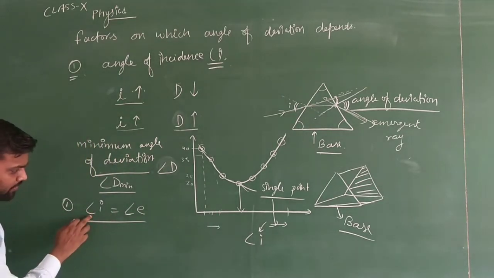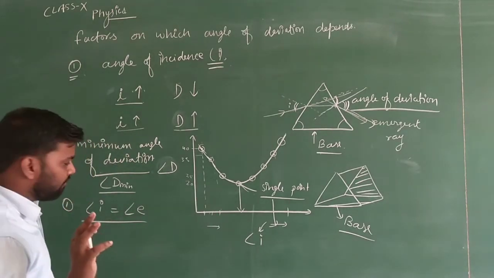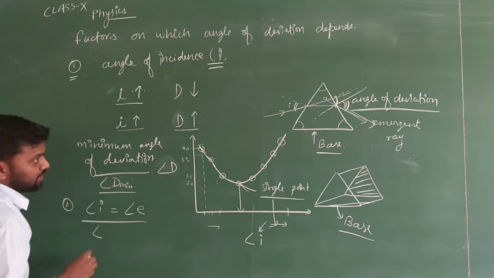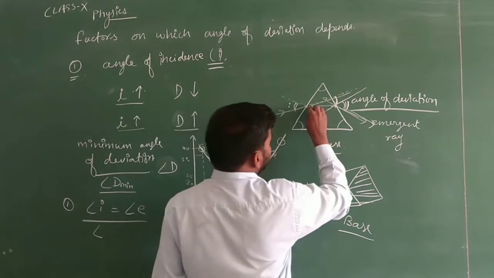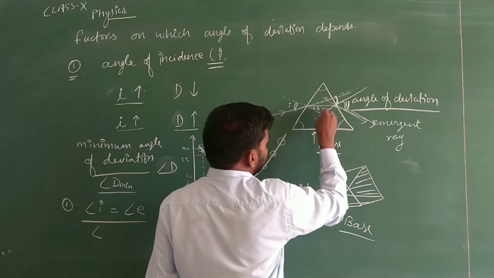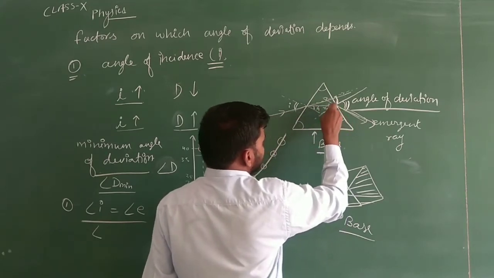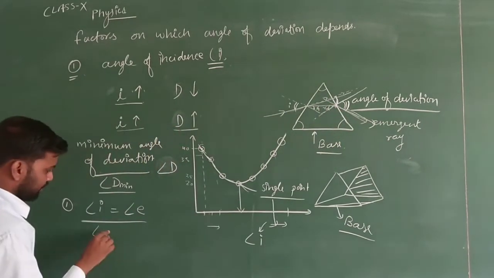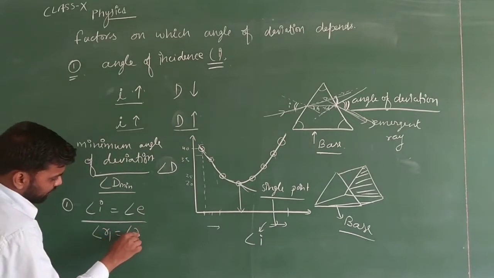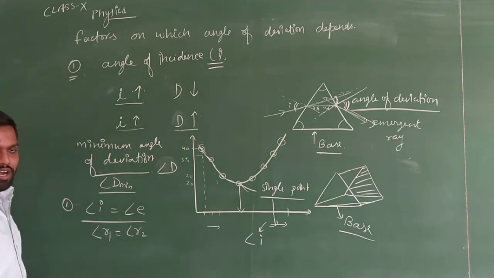And if the angle of incidence is equal to the angle of emergence, then definitely, taking the first refractive angle as R1 and the other as R2, these both angles will also be equal, that is, angle R1 will equal angle R2.